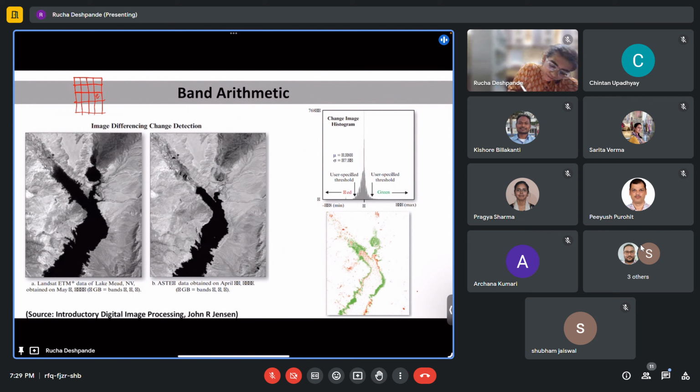We can have different operations like band addition, band subtraction, band multiplication, or band ratio.